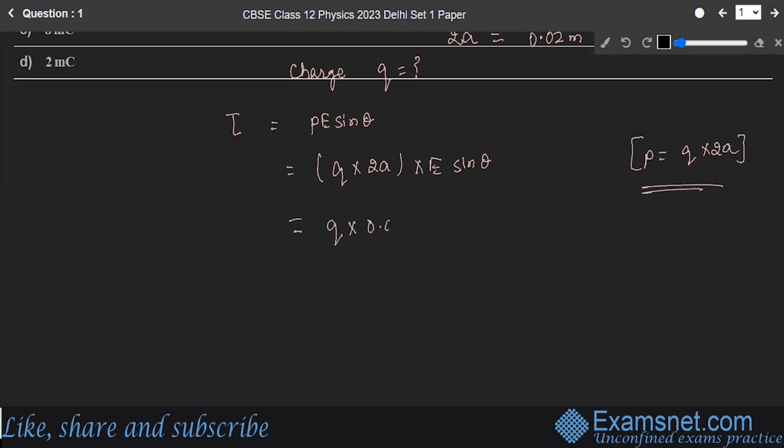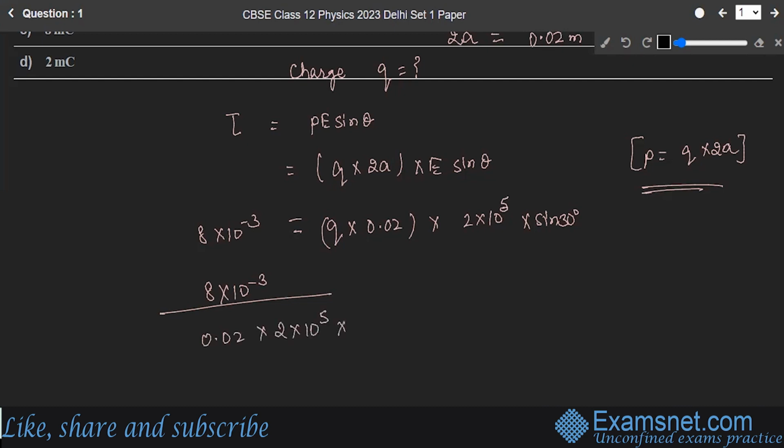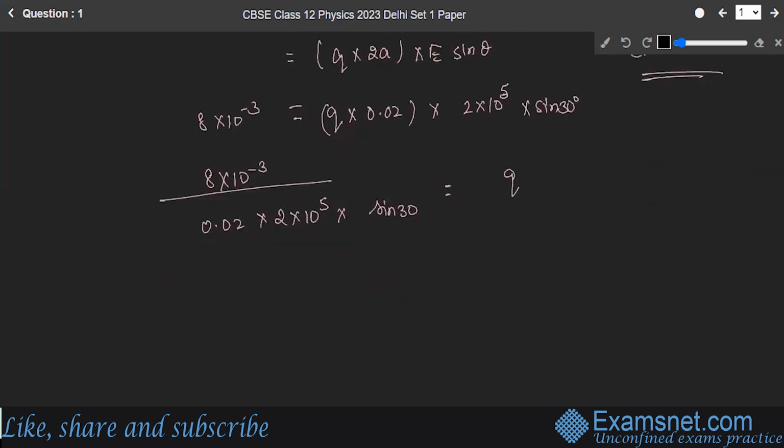And 2A is 0.02. E is 2 into 10 power 5 and sine 30 degree. Torque is given to me as 8 into 10 power minus 3. So these are the values which are given to me. Let's write it down. Q is equal to 8 into 10 power minus 3 divided by 0.02 into 2 into 10 power 5 into sine theta. So this is your charge.